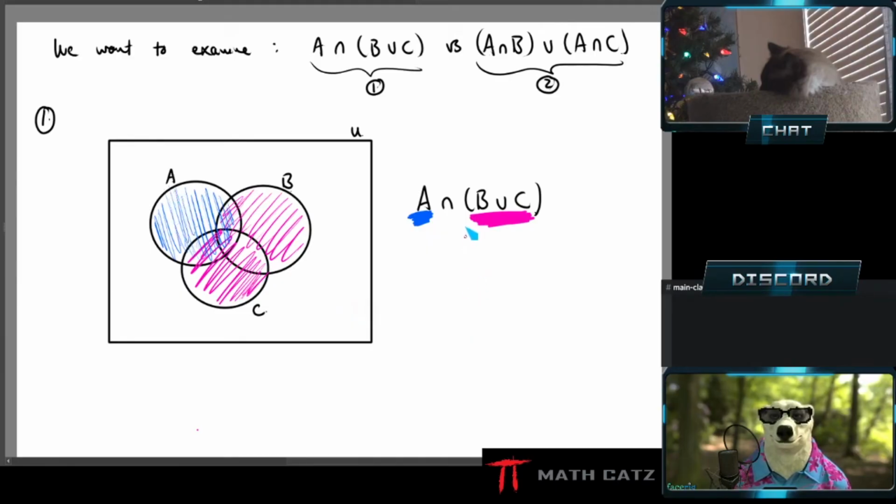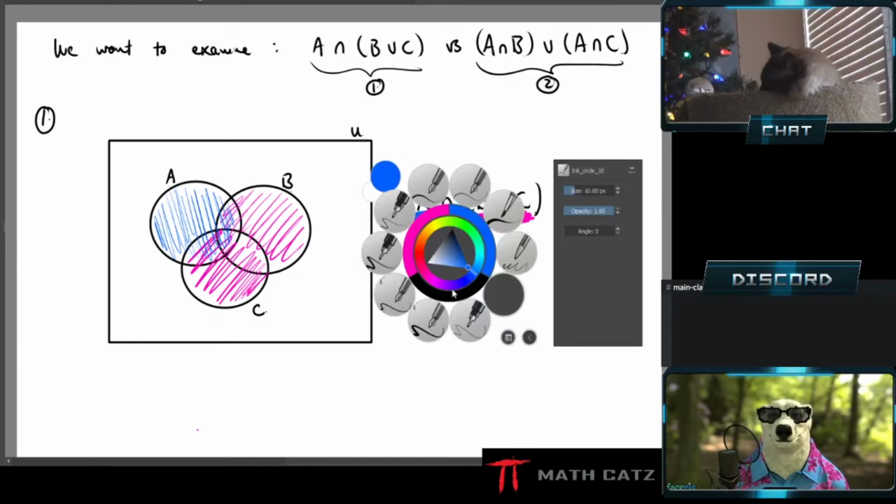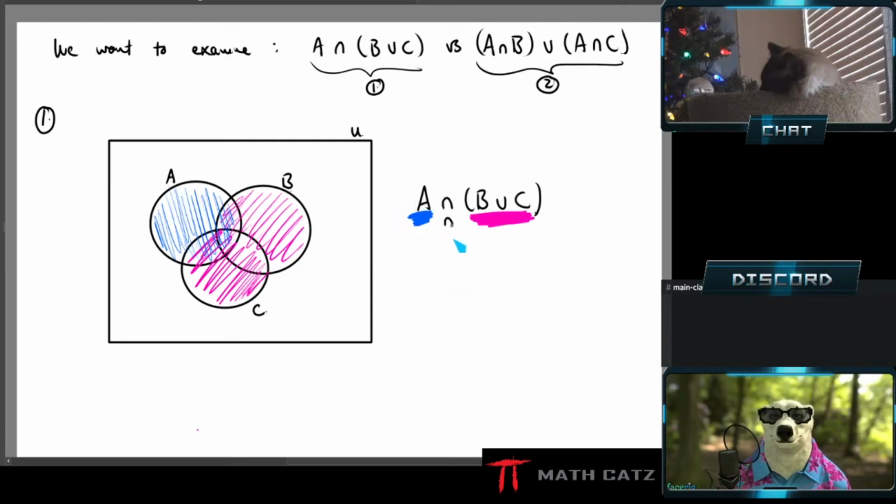Now, they say, combine the blue and the pink with an intersection. Actually, I'm not going to do it like that. I'm going to do it like this.